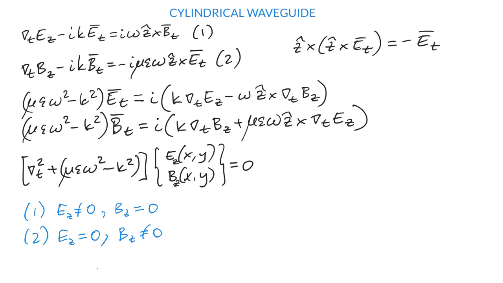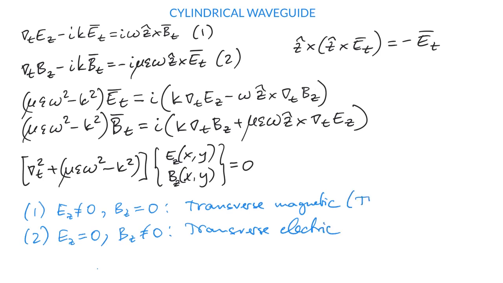The first type is called transverse magnetic because the magnetic field is purely transverse. The other type is called transverse electric. They're also commonly denoted TM and TE.